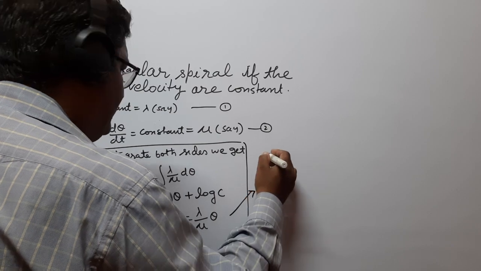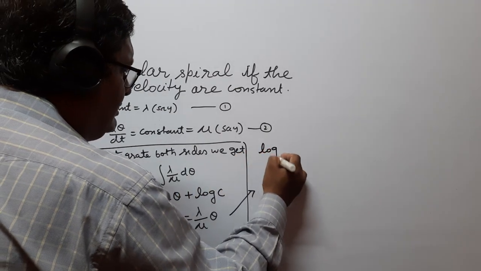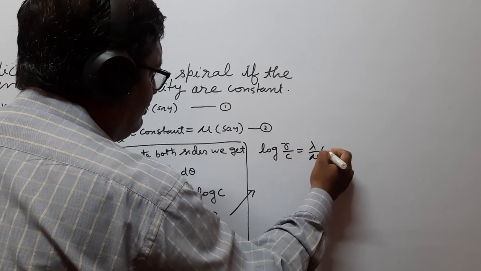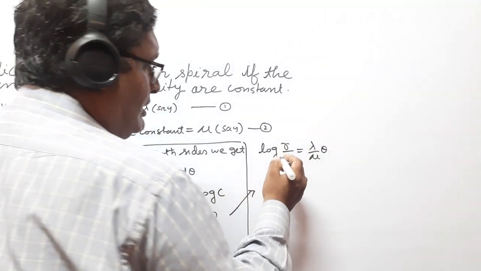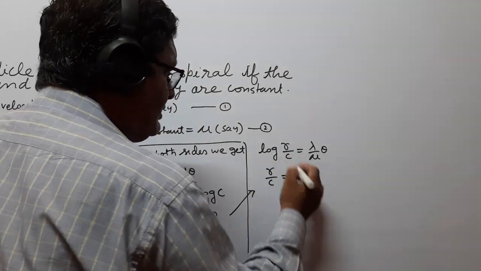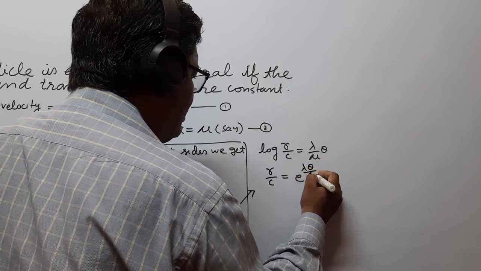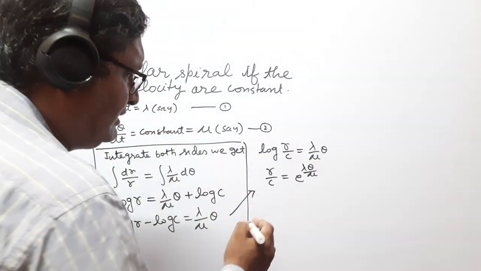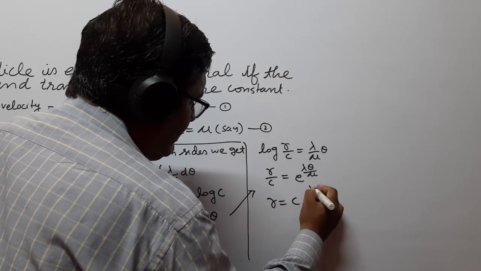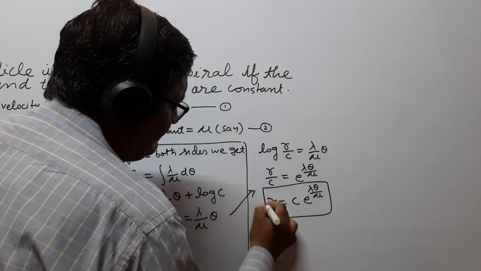Now using the property of log, this can be written as log of r divided by c is equal to lambda upon mu theta. Again using the property of log, we can write r upon c is equal to e to the power lambda theta upon mu. So this can also be written as r is equal to c times e to the power lambda by mu times theta.